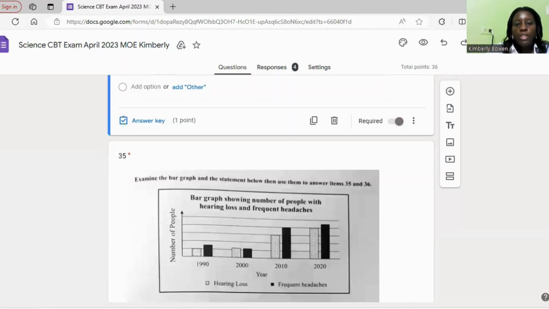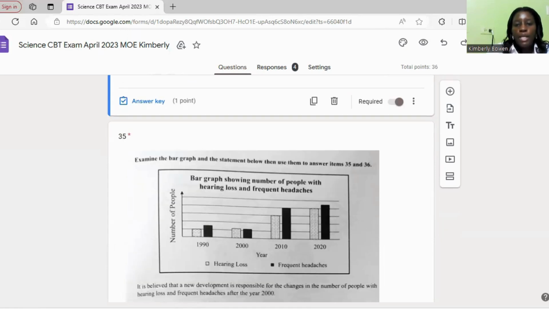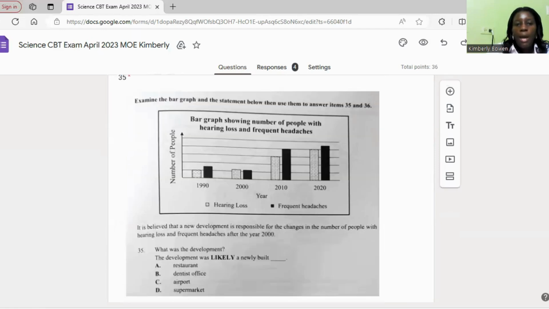Let's move on to number 35. Examine the bar graph and the statement below, then use them to answer items 35 and 36. Bar graph showing number of people with hearing loss, and number of people with hearing loss and frequent headaches.